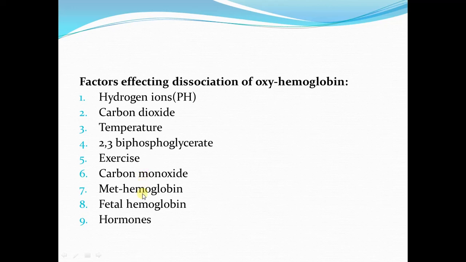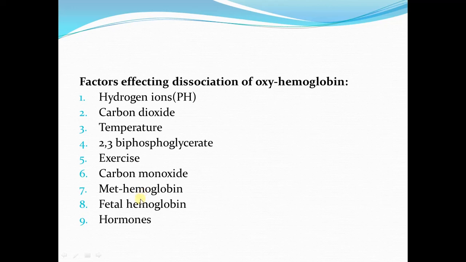Next is methemoglobin. Methemoglobin is an impurity, and it is present in small amount even in normal persons. So if methemoglobin concentration increases, it shifts the curve to the left side.